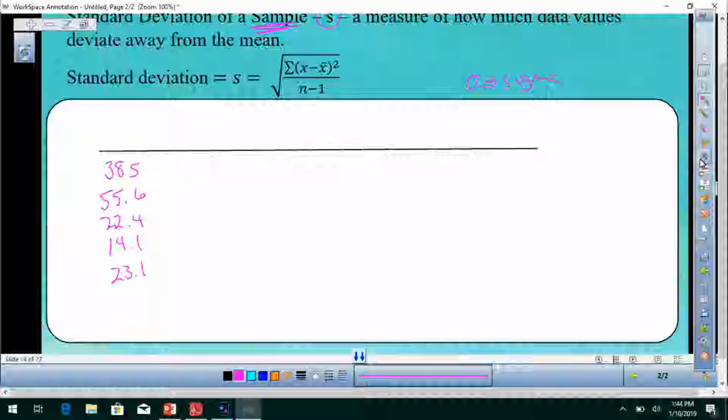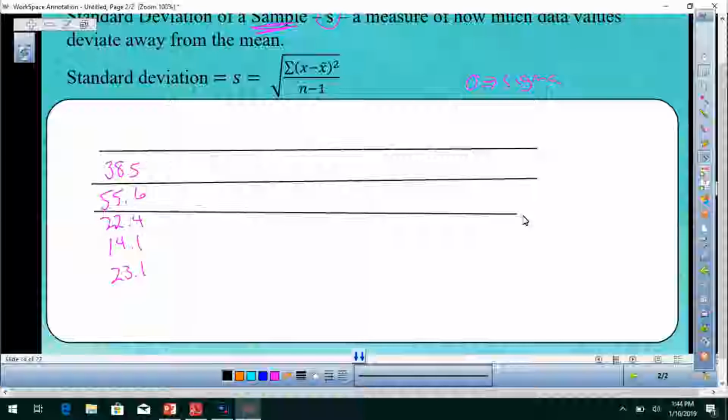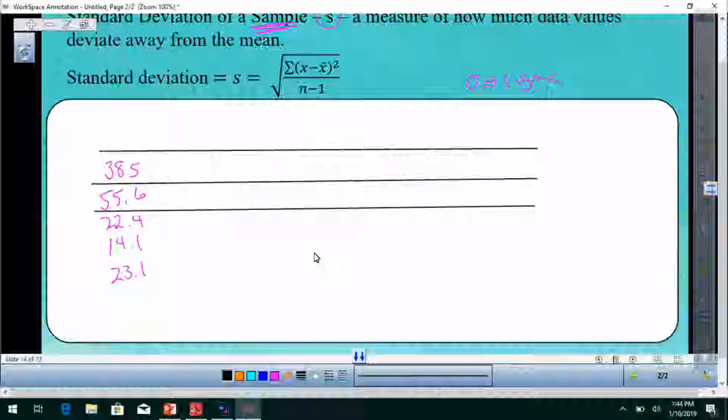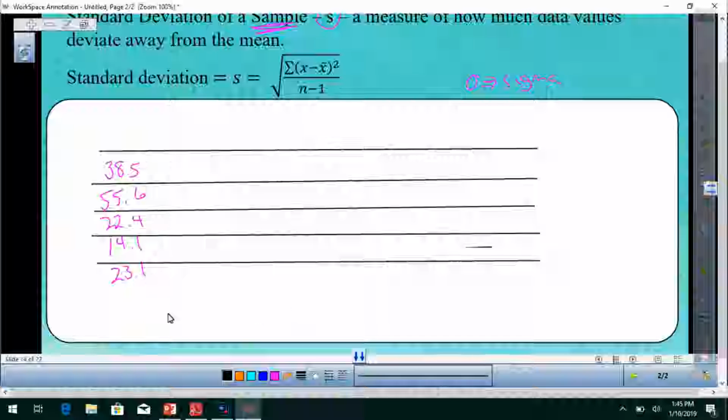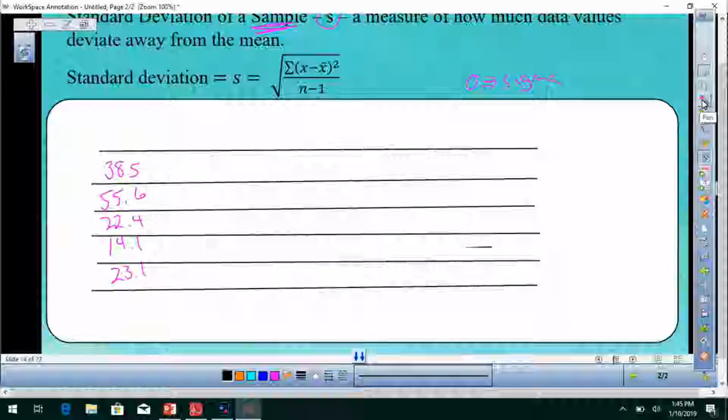We're going to calculate the standard deviation of these, and I'm going to do it in table format. Maybe that'll make it slightly easier. The first thing I need to calculate is the mean. I have 5 values, so I need to add those up.